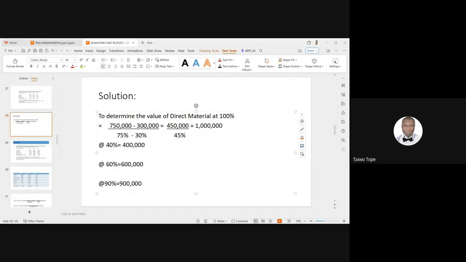You determine the highest and lowest from the activity, and likewise the lowest and highest in terms of cost. Based on the activity level, you use the high-low approach, otherwise known as the range approach.